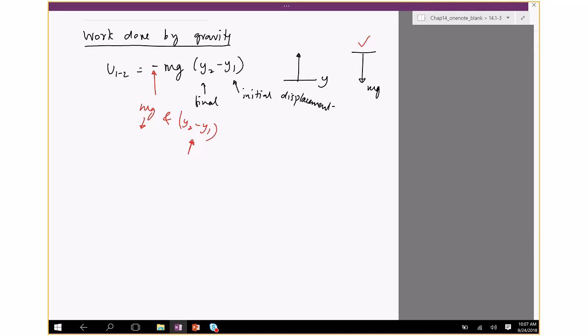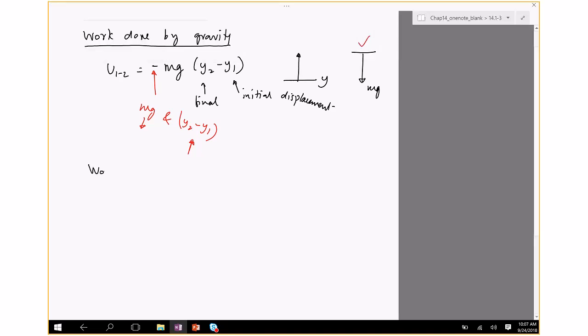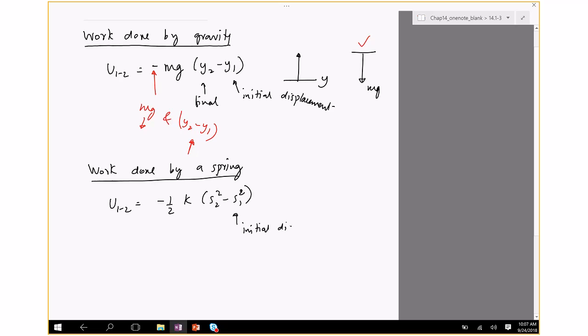Next is work done by a spring. And that is always negative. This is the initial displacement.